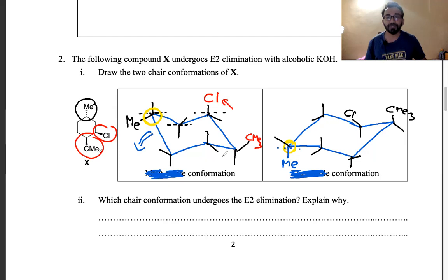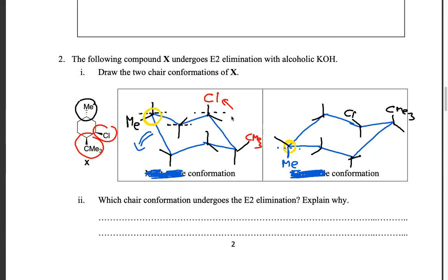Then how are we going to identify which one is the most stable structure? You might remember, when you find the most stable structure, it has less gauche interaction or less 1-3 interaction.